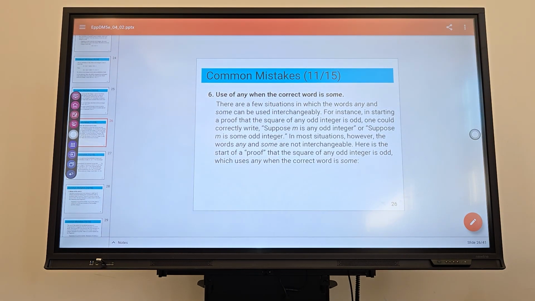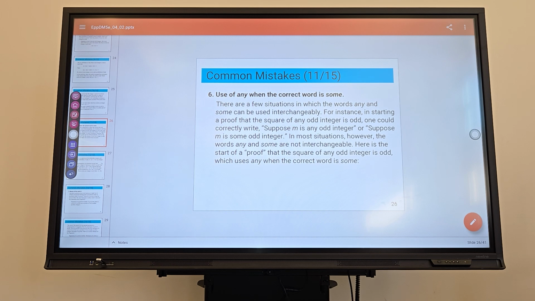Another common mistake, number 6, is use of any when the correct word is some. Now, there are situations where they can be used interchangeably, but some, as in for some integer a, means that there is one integer a you're looking for.